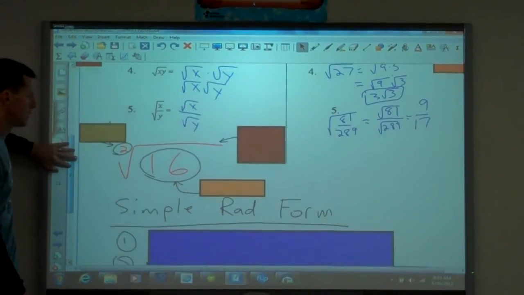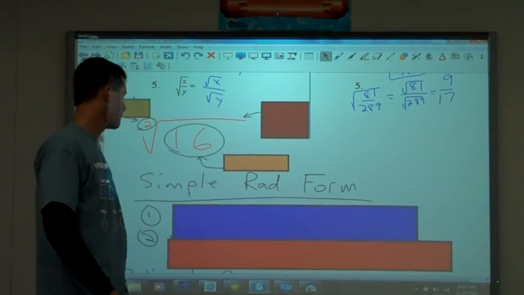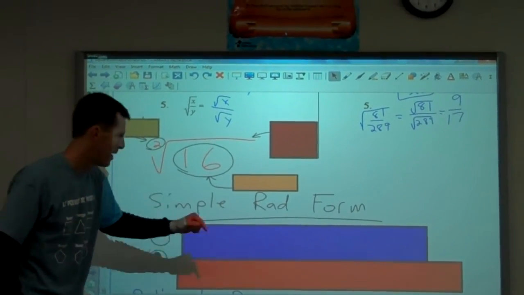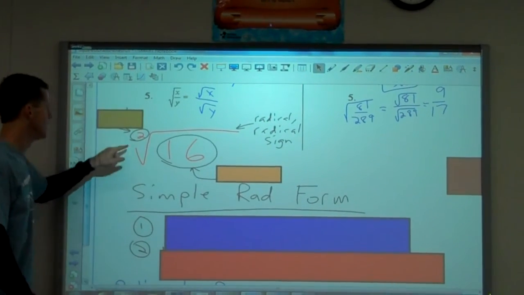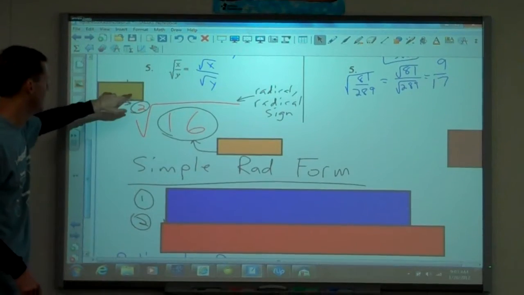Other basic terminology. Hopefully you all know this. This thing is called the radical, or radical sign. Excellent. Either way. This little thing, again, this is more of an Algebra 2 concept. It's called the root index.